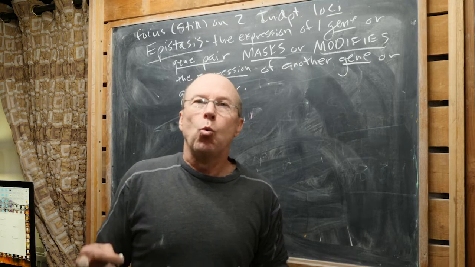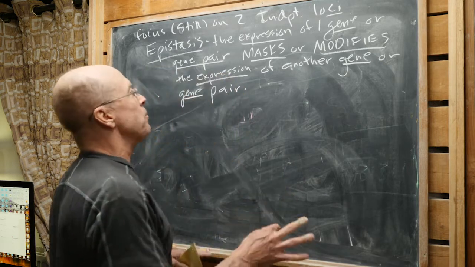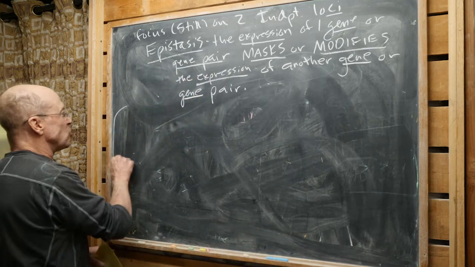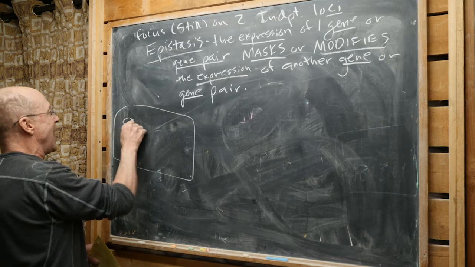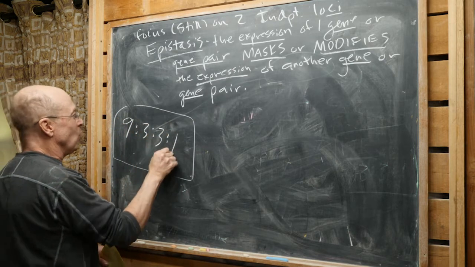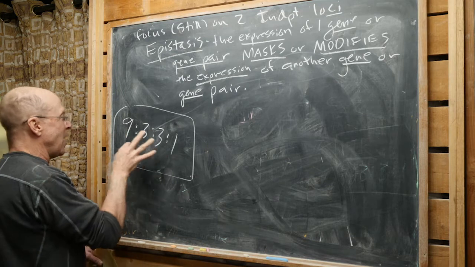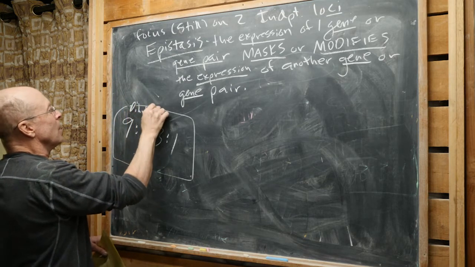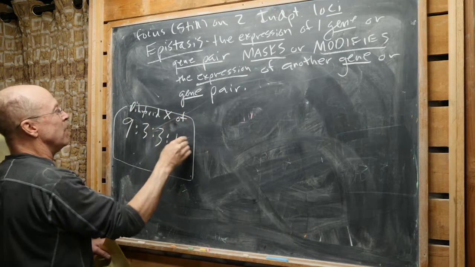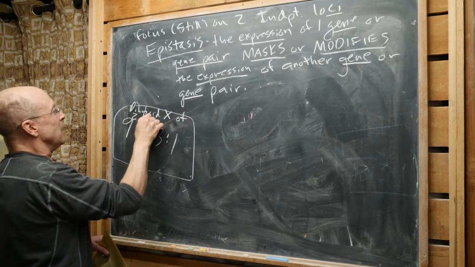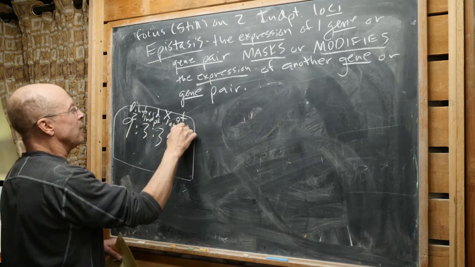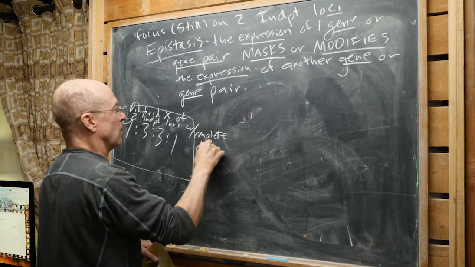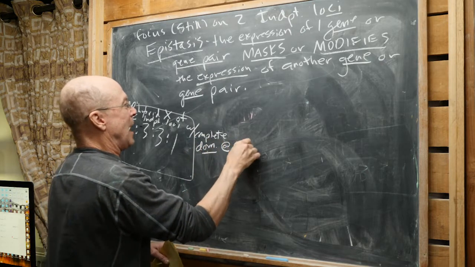It's very cool. What you need to do, though, is remember the base we're all starting from: this 9, 3, 3, 1. That's our basic dihybrid cross of two independent loci with complete dominance at each.